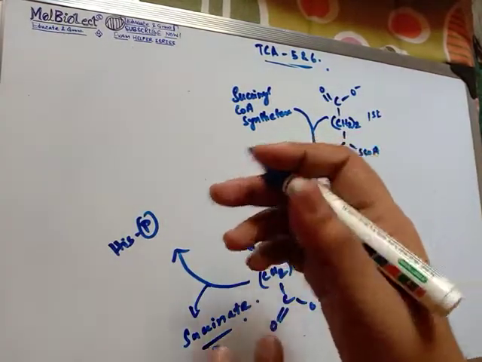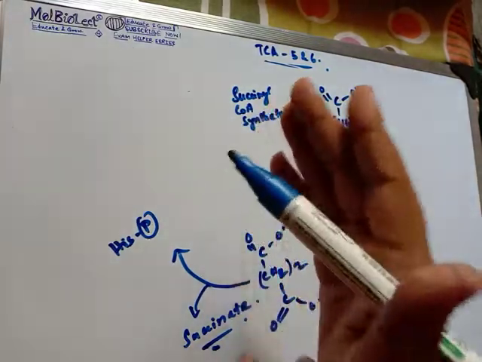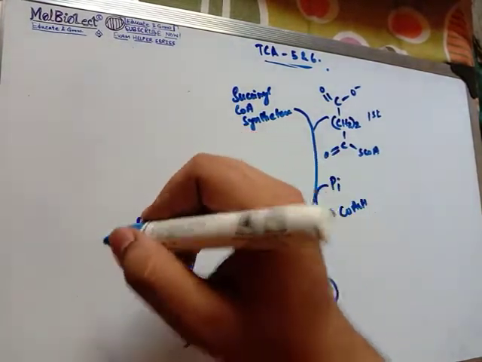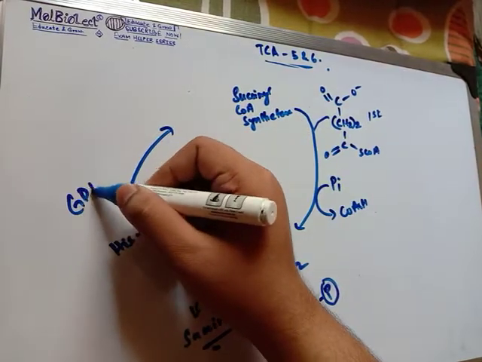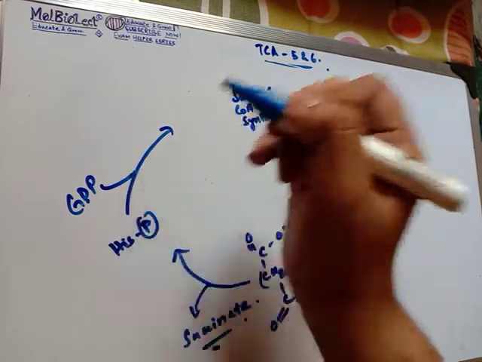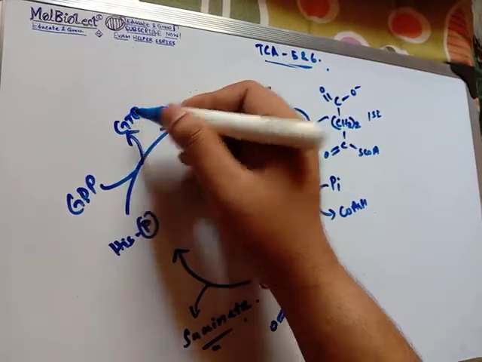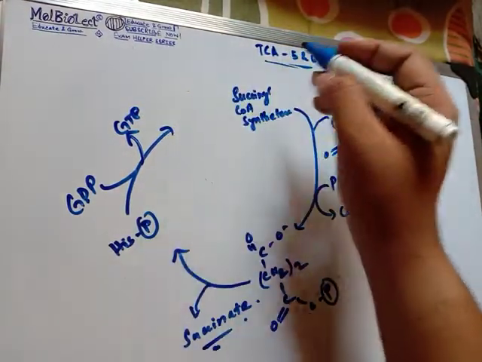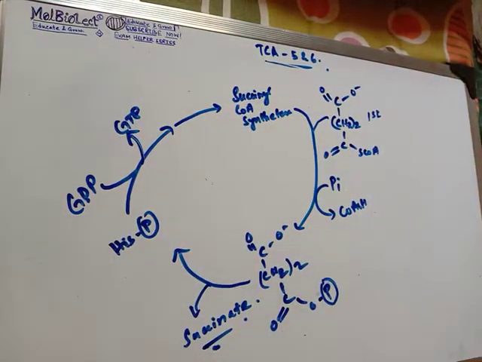So we can call it a phosphohistidyl enzyme, and this phosphohistidyl enzyme in this stage binds to GDP, and as it binds to GDP it is getting converted to GTP, and this GTP is released, and the enzyme goes back to its original state of succinyl-CoA synthetase, which is non-phosphorylated enzyme. Okay, so am I clear over there?